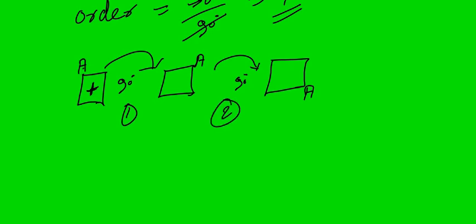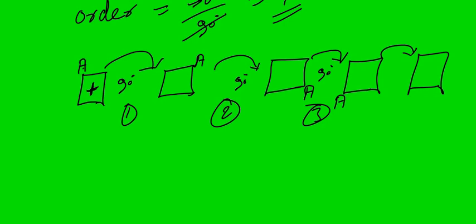Now again we will rotate the same diagram or same shape. Again we will rotate, so we will get the same diagram, but A will be moved to this place on 90 degree rotation. Again we will rotate, this is the third time. So again when we rotate, this A will be at the same place as in the beginning.